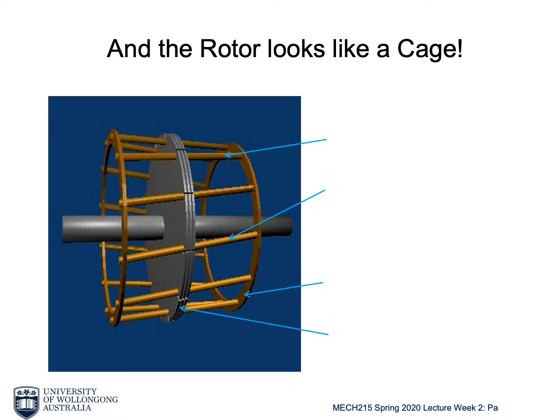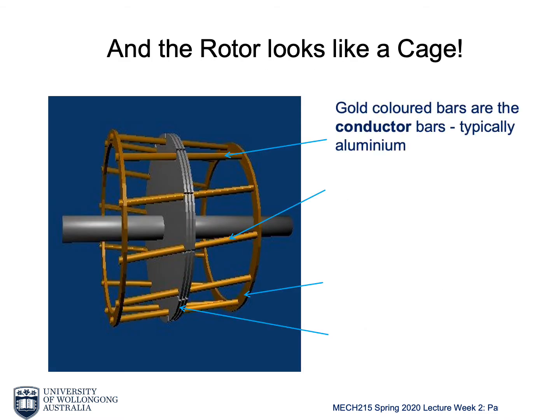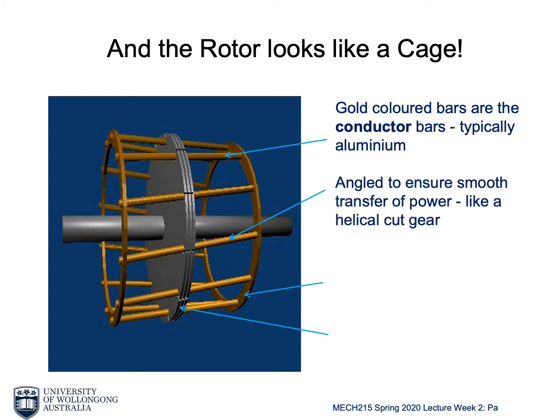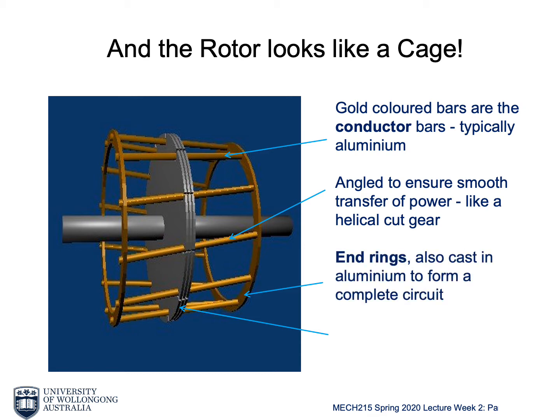The rotor looks like a cage. We normally call it a squirrel cage. These golden colored bars are typically made of aluminum, and these bars are tilted a little bit to generate the power more continuously. The end rings are also made of aluminum, and the end rings and these bars will form closed-loop circuits, which will have current flow if the magnetic field outside is changing.